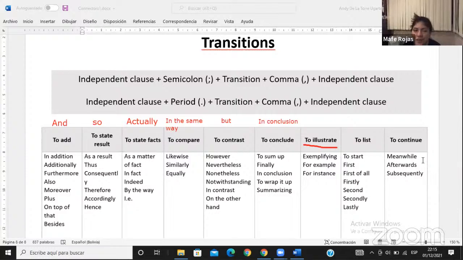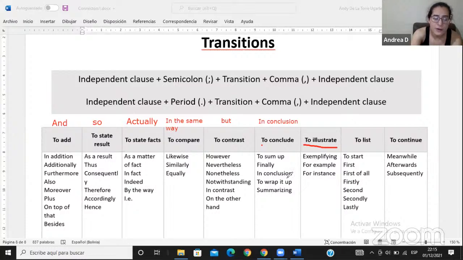And another way to say in conclusion. In short. What's the meaning? It's in conclusion. So in short, all of these are in conclusion.